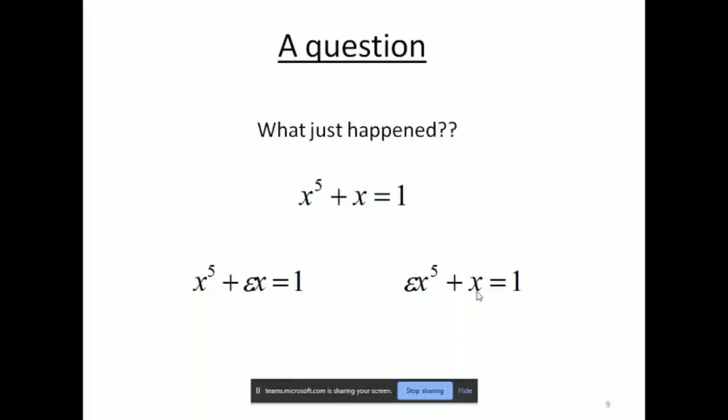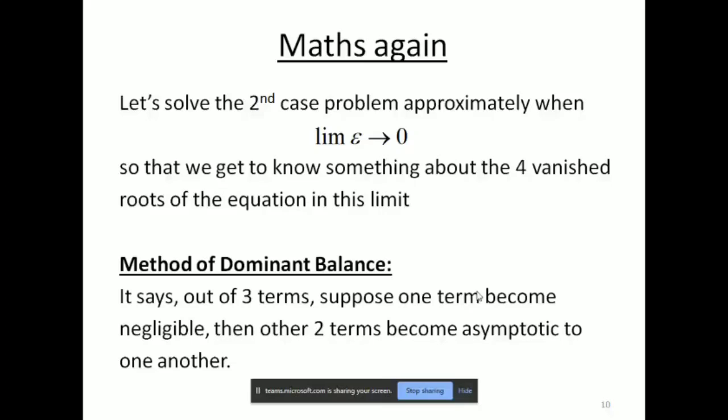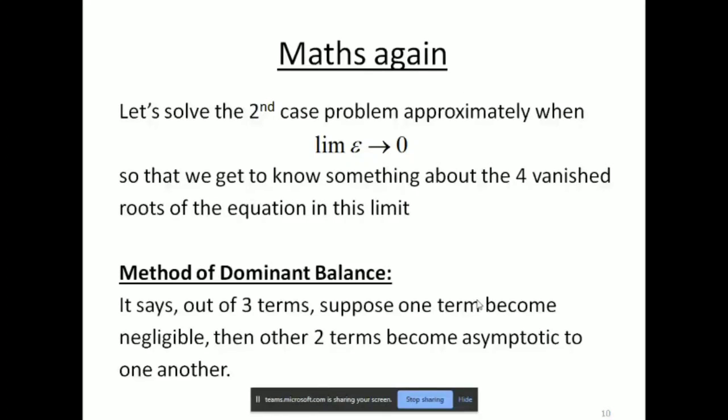So maths again. To know where the 4 roots go, we can go to the second case and solve it in the limit epsilon tends to 0. So we need to use a different method to know about the fate of those four.